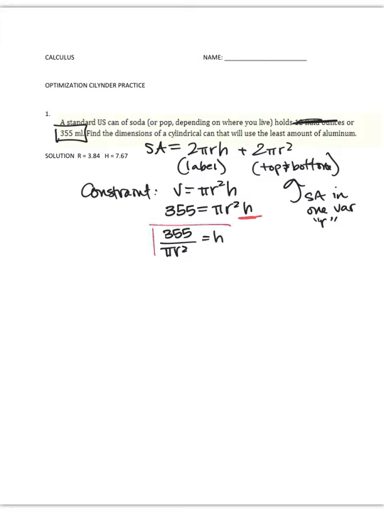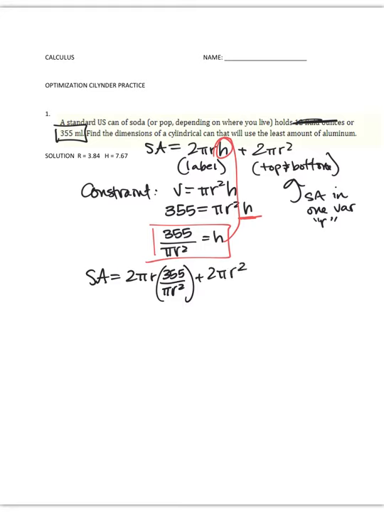We're going to substitute that into the surface area formula so that we will have one variable for that surface area, r, so we're going to have 2 pi r, and then our h is that 355 over pi r squared, plus our 2 pi r squared.